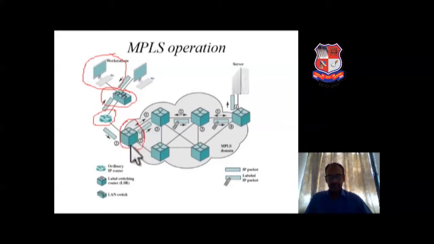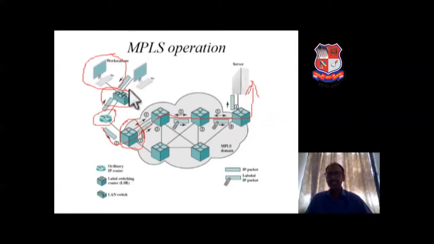It has to take the responsibility for assigning a label over the established LSP, label switch path. So this is the label switch path. Whenever a packet comes to this router, it would take only this route for that given quality of service. Remember this. This is a very important point.